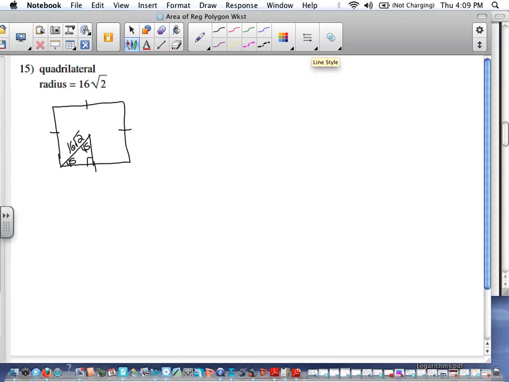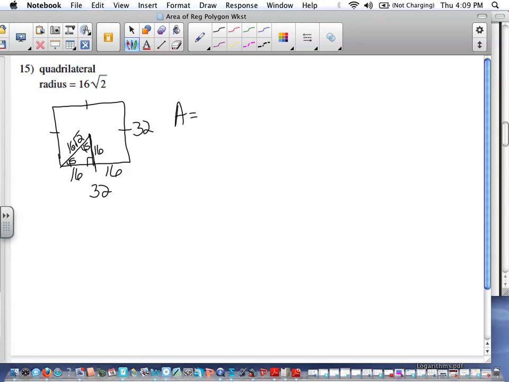That's the hypotenuse of that little triangle. Therefore, the leg would be 16. This is probably the easiest way to do this problem. If this leg is 16, that means this leg is 16. That's half of the side, which is 16. So our square is 32 by 32.